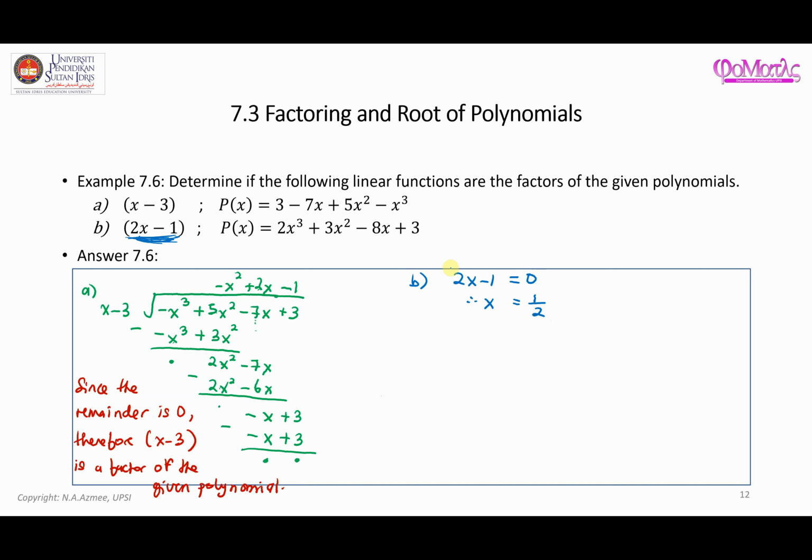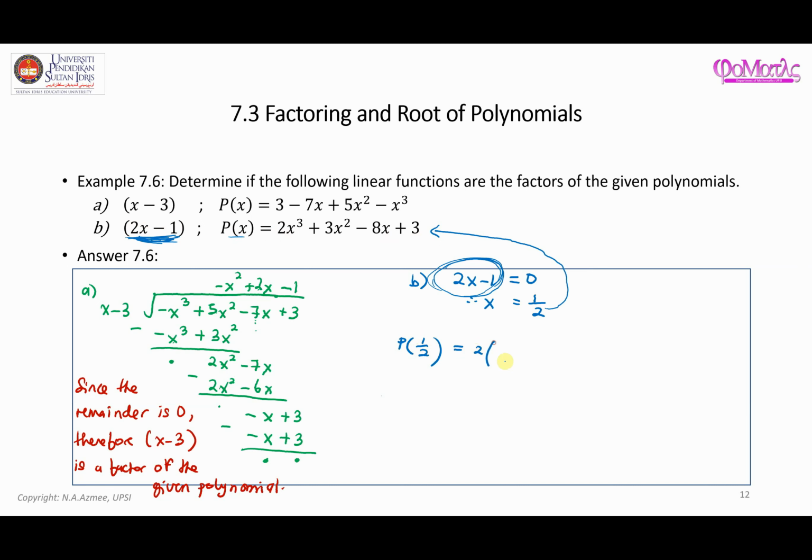It is a factor of the polynomial if I substitute x equals 1 over 2 into the polynomial function and the answer is 0. So we're going to try that now. I'm going to substitute half into this polynomial function. Let's see what our result is. If the result is 0, that means this is a factor of the given polynomial.